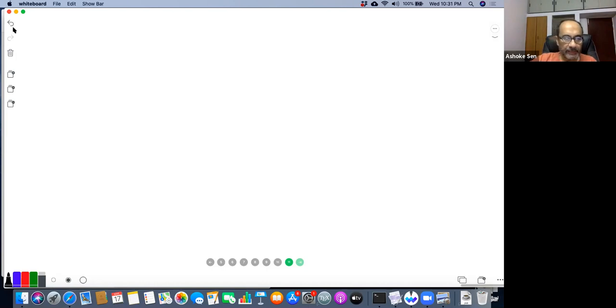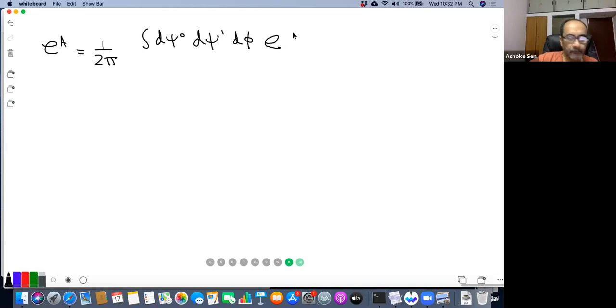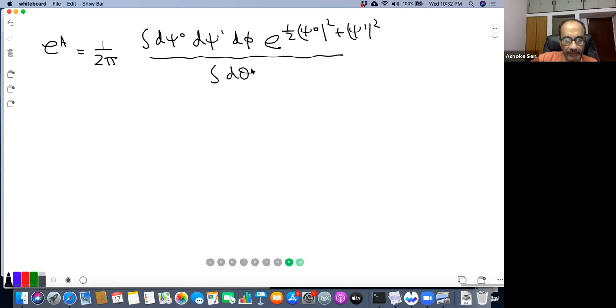So this then leads to the following expression for e to the A. We have 1 over 2 pi because it had this 2 pi to the N_B by 2. And then in the numerator, you have the integral d psi_0 d psi_1 d phi, e to the power half psi_0 squared plus psi_1 squared, over the integral d theta.